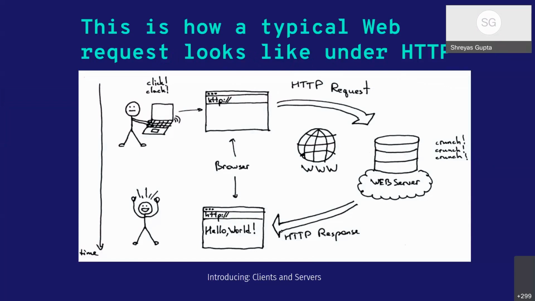So here is a flowchart of how a typical web request looks under HTTP. On your computer, you open your browser and type a URL that looks like http://shreyasgupta.in. Let's say you open my website. The first thing that happens is your browser sends that request to the domain name table we talked about.